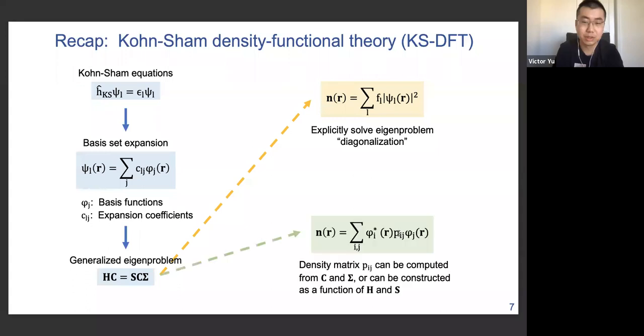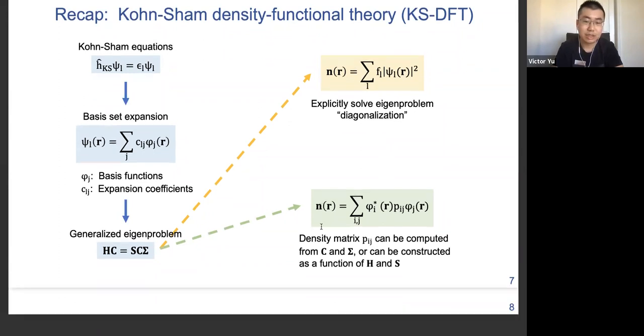The density matrix can be constructed from the solution of the eigenvalue problem. But importantly, it can also be directly constructed from the matrices H and S as a function of H and S without solving this problem explicitly. So this opens up more opportunities to bypass the diagonalization step.